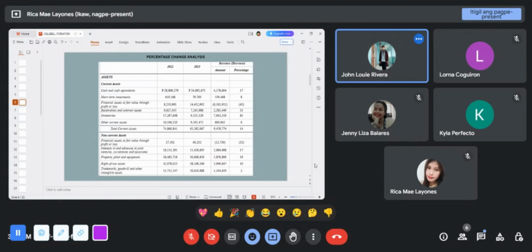Property, plant, and equipment, amount is 5,876,899, increased by 19. Right of use assets, amount is 3,909,647, increased by 10. Trademarks, goodwill, and other intangible assets, amount is 1,104,659, increased by 2.